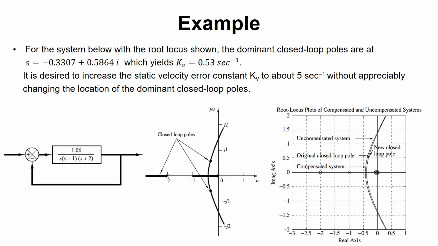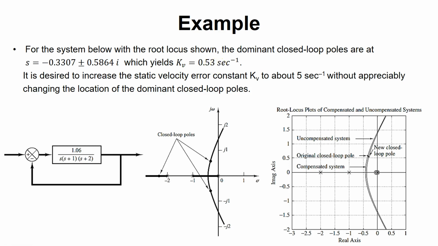So here we have a physical system with this transfer function, third order, type 1, and the dominant closed loop poles for this original system are at these locations, which of course we can easily find out. But that also would give us that the Kv, velocity error constant, is 0.53.